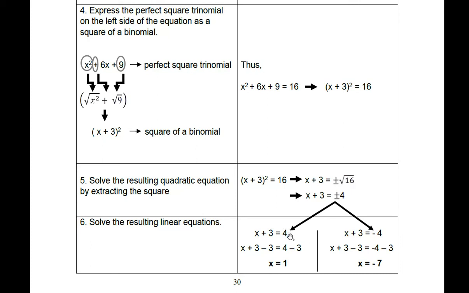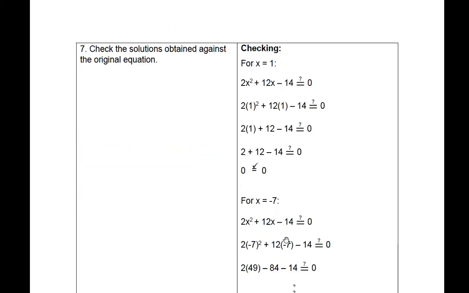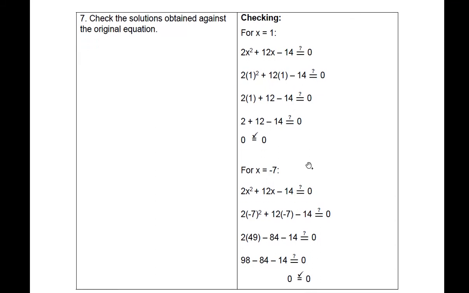So transpose kabila, magiging negative 3, cancel yan. So x equals 1. Ito naman, positive 3, maging negative 3, cancel too. So negative 4 minus 3, that is negative 7. So we have two values, or two solutions, or two roots of the equation. So next is checking. So ito yung checking, tingnan nyo na lang.